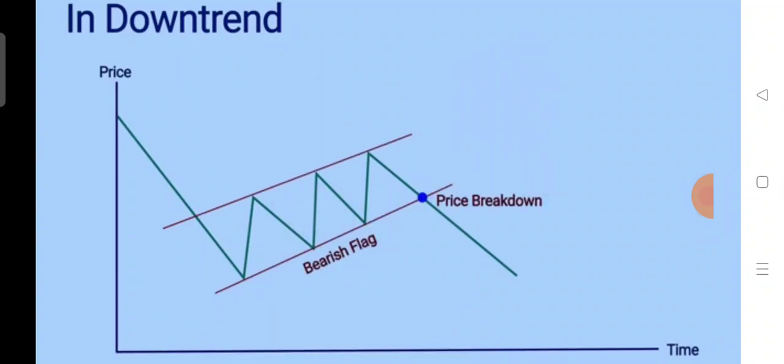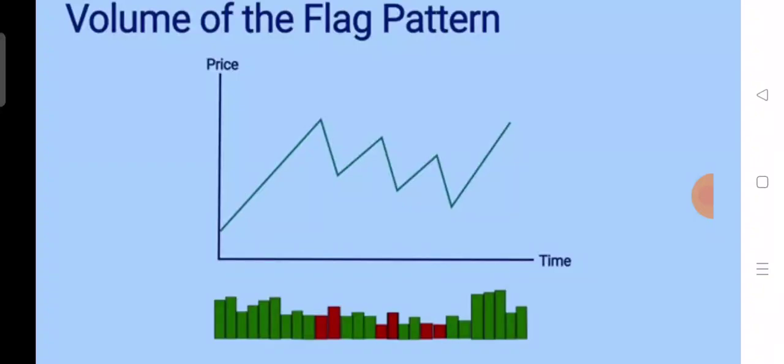So during this consolidation, what happens is that after the first initial few price movements, the range becomes a little bit narrower, and also due to the range-bound movement, the volume participation normally goes down, and then when there is a breakout or breakdown, we expect the volume to be on the higher side.